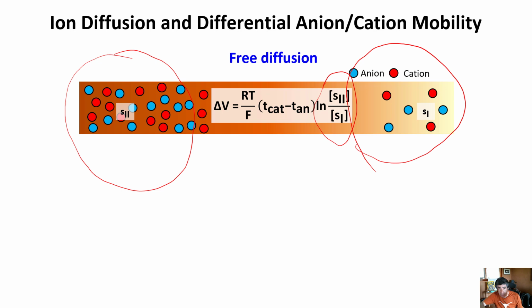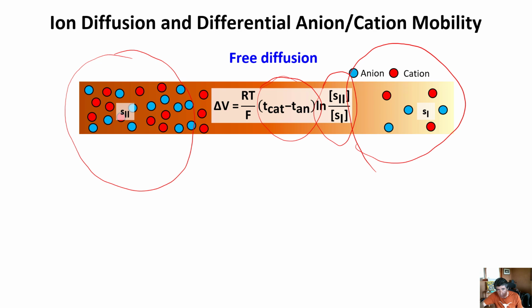But then a famous German scientist, his last name is Nernst, realized that when that happens, the free diffusion is not equal for the anions and cations. We have differential mobility, and he used these so-called transport numbers. So there will be a transport number for the cation and a transport number for the anion.